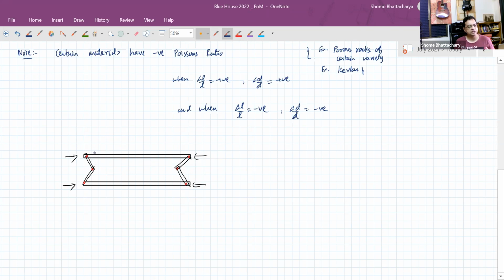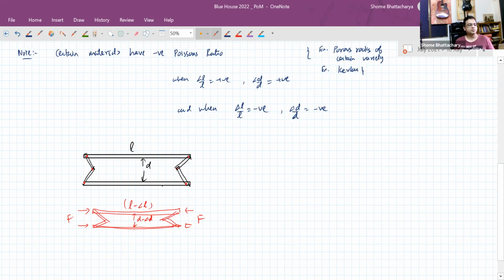But at the same time, as they compress, this structure will also tend to compress. So under the action of this, it should have done this. And the reverse will happen if you tend to pull it apart.